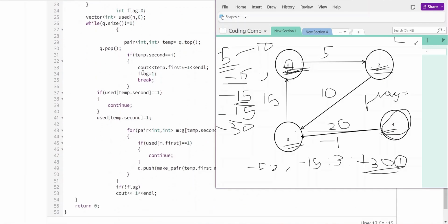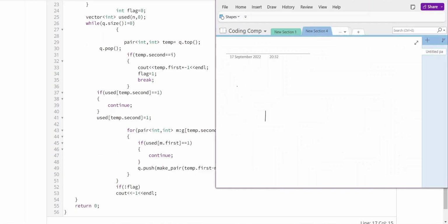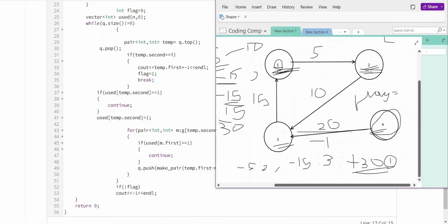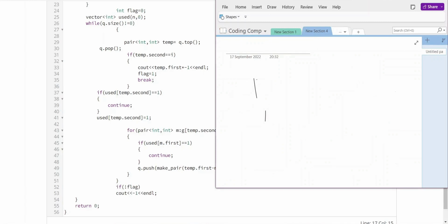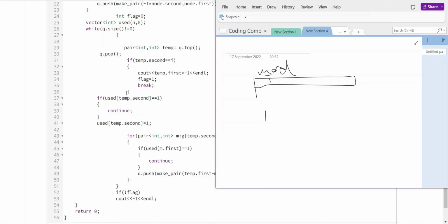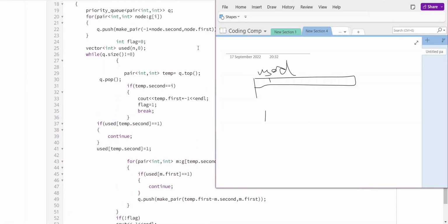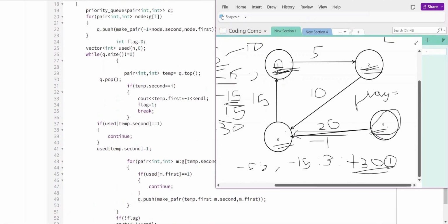Cool. So we also need to make sure we find out that we have actually run through all the possibilities and checked all the nodes and still we are not able to return back to 4. That is done with the help of a vector known as used. In used, we do not push values into the queue which we have already encountered. So in this scenario, 4 has just now encountered 3, right?